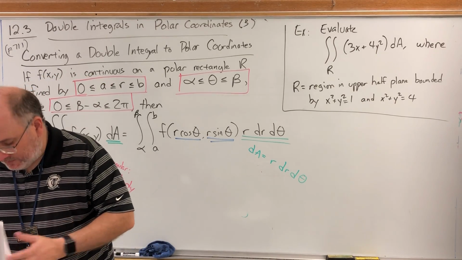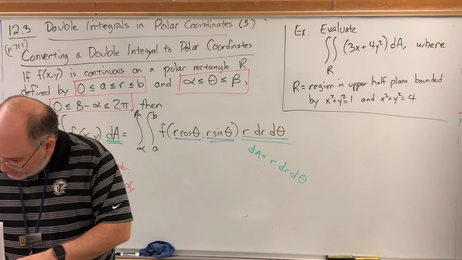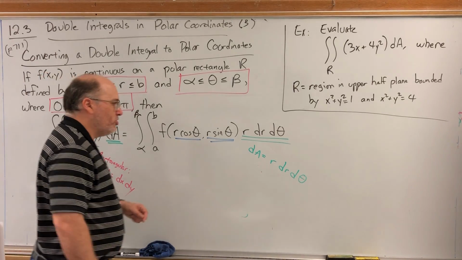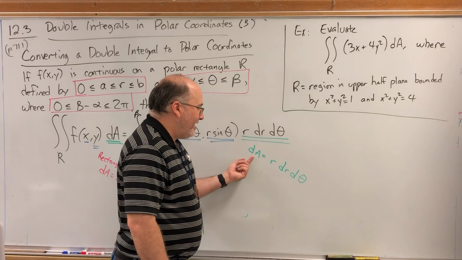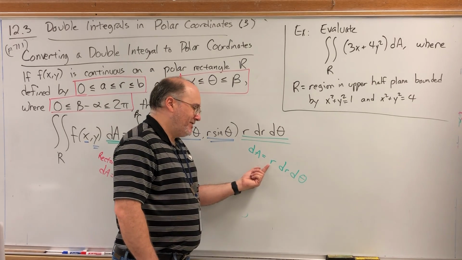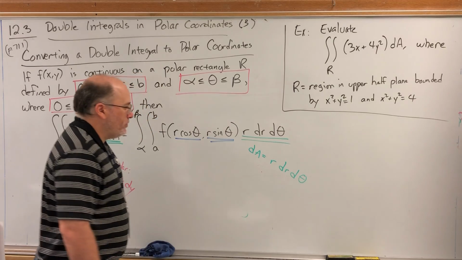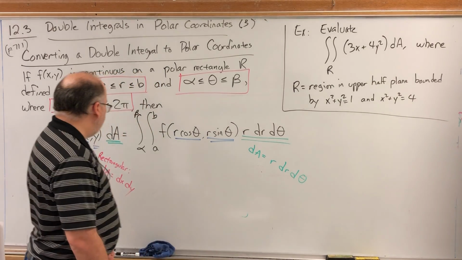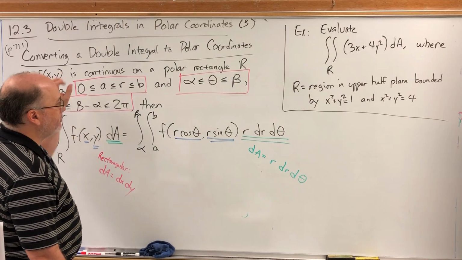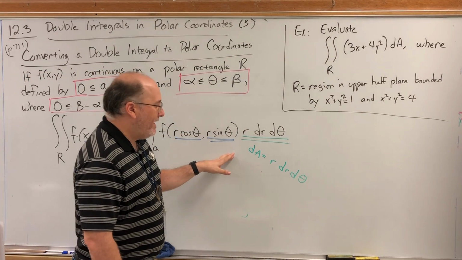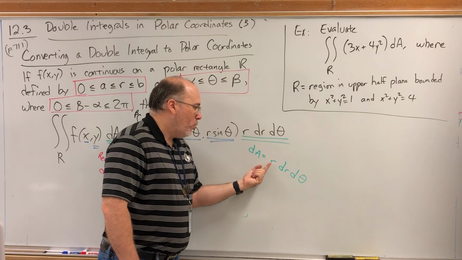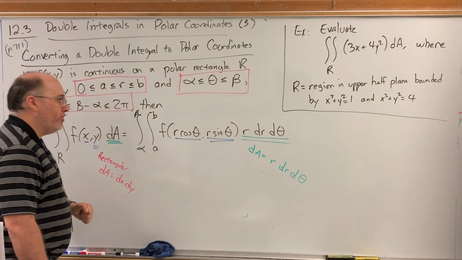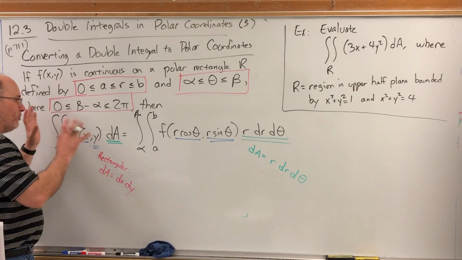Number 1, go read pages 709, 710, and it will go into excruciating detail why dA in polar coordinates has this r here. Number 2, later in this course you'll learn about something called a Jacobian, which will tell you how to convert from rectangular to any coordinate system and tell you how to calculate what else will appear in the expression for dA.